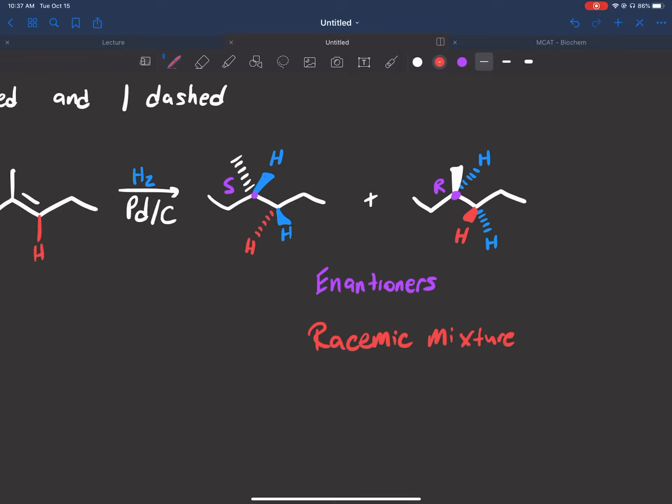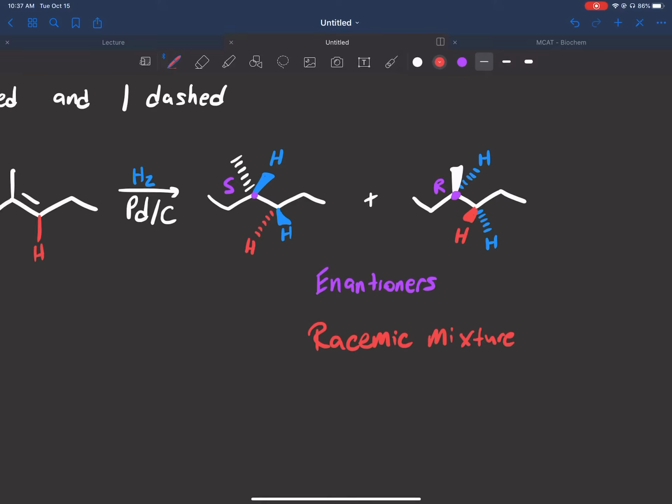Okay. Racemic mixtures, because it's composed of 2 enantiomers, even though the enantiomers themselves are optically active, because they're in an equal mixture of each other, there is no optical activity. Okay, so please know those definitions for the test. They could 100% come up.